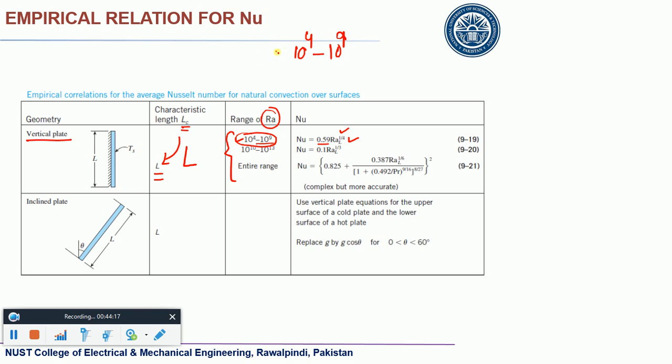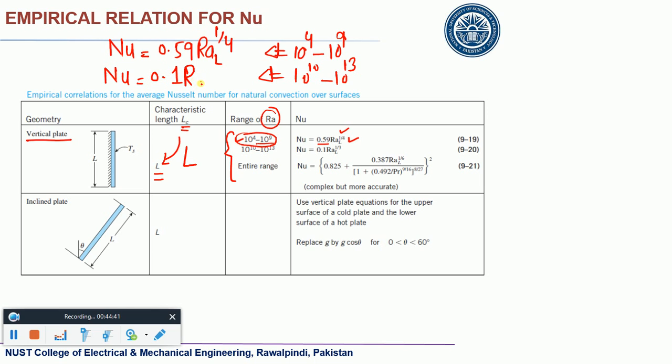If your Rayleigh number falls into this range, Nusselt number can be written as 0.59 Rayleigh number based on L raised to power 1/4. If the Rayleigh number goes from 10⁹ to 10¹³, Nusselt number would be equal to 0.1 Rayleigh number raised to power 1/3.